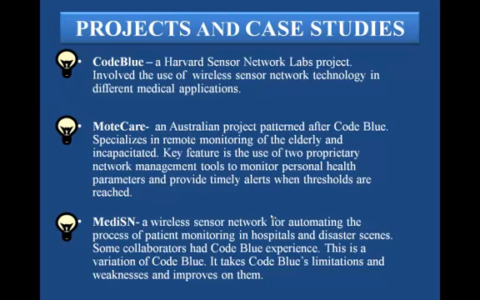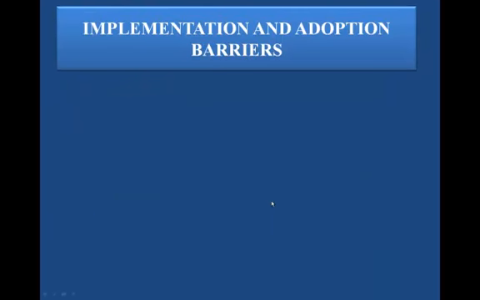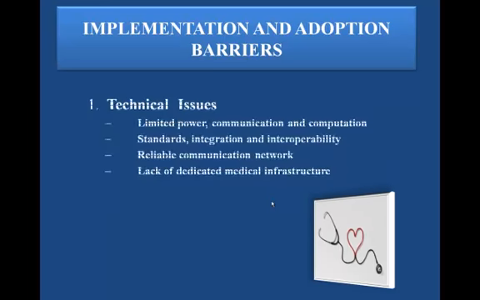Medicine focus is on patient monitoring in hospitals and disaster scenes. There are a number of barriers to ubiquitous medical delivery adoption and implementation. They could be categorized into technical and social issues.